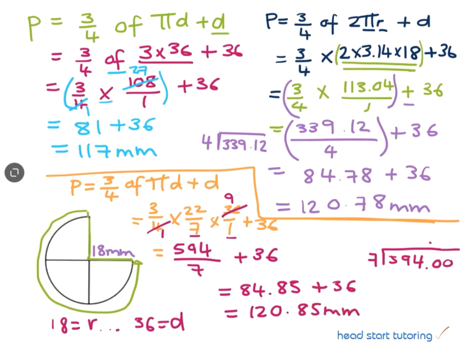So when we are working with pi equal to 22/7, the perimeter of this 3/4 of a circle with a radius of 18 millimeters will give us an answer of 120.85 millimeters.